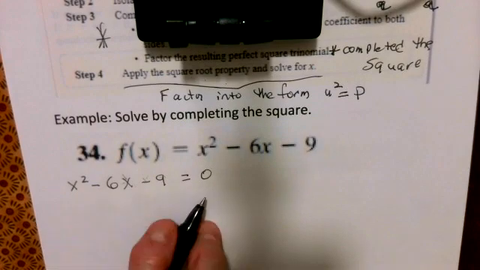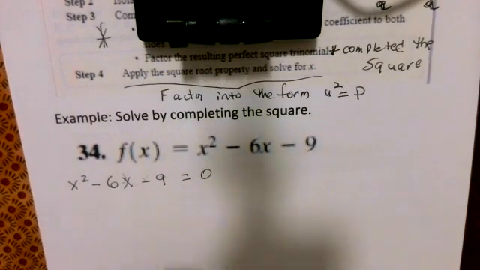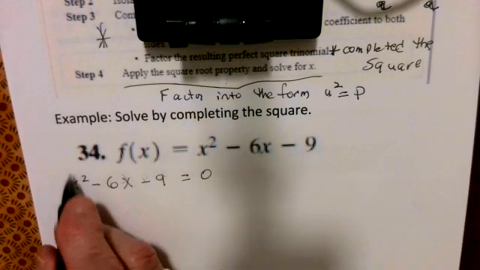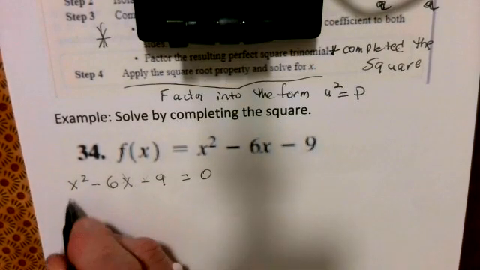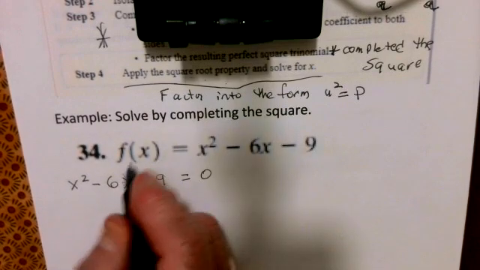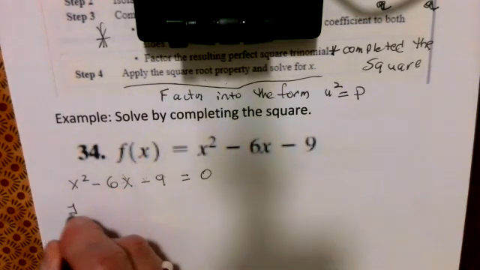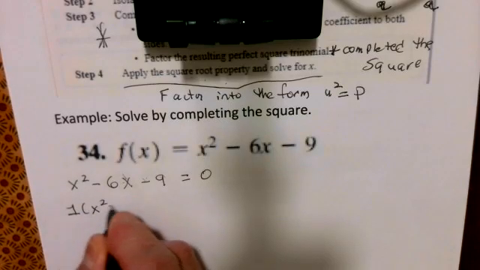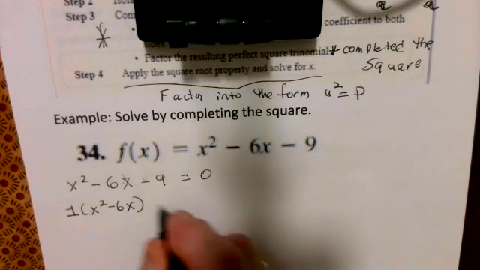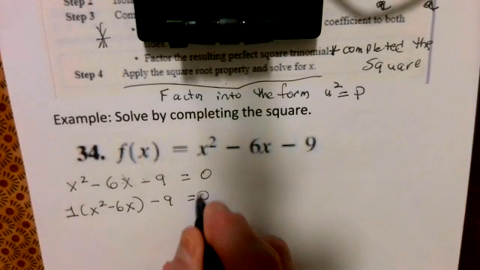So we want it set equal to 0, and we want it in this form to begin with. Now, the leading coefficient here is 1. So dividing out of 1 is not going to do anything. So you can write the leading coefficient here. Probably won't hurt. Might come up somewhere else. And then we've just got the -9 equals 0.